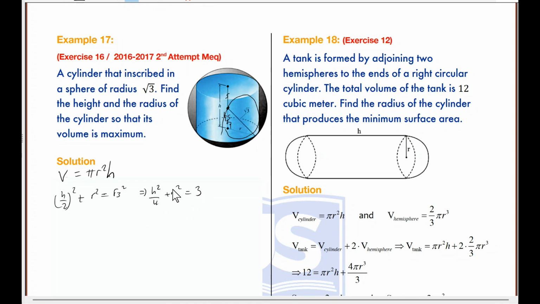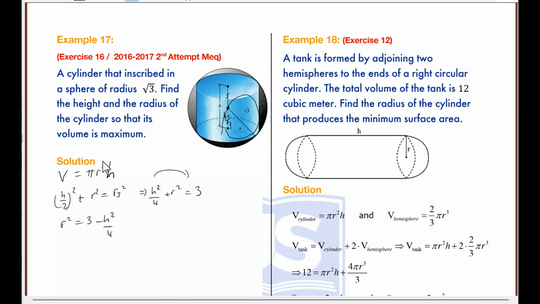I need h in terms of r or r in terms of h. It doesn't matter. Let me isolate r. So when I bring h squared to the other side, r squared will be 3 minus h squared over 4. I don't need r alone. I need r squared because in the formula we have r squared.